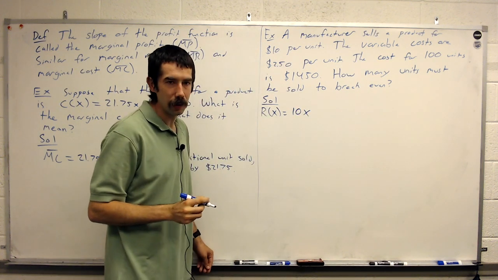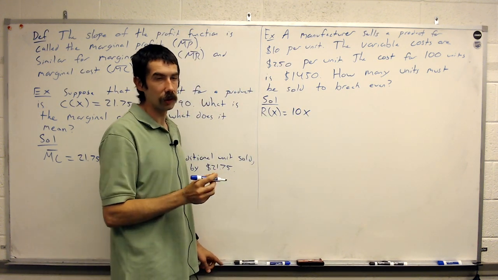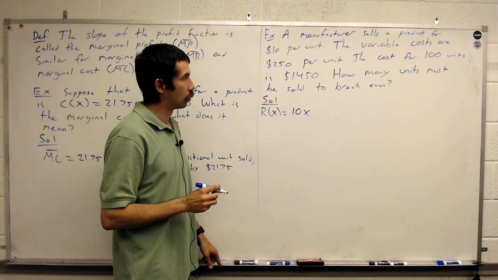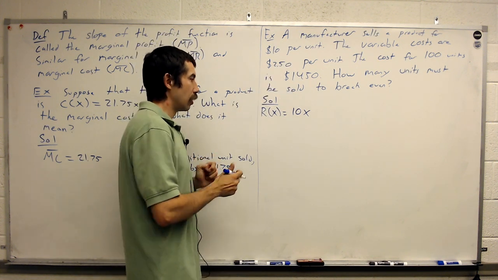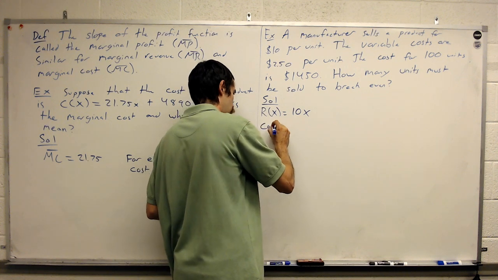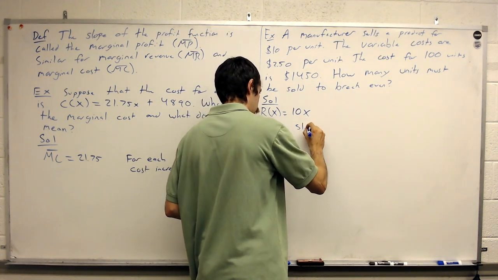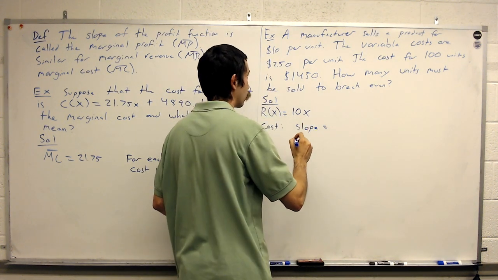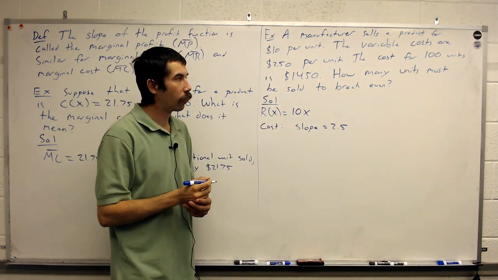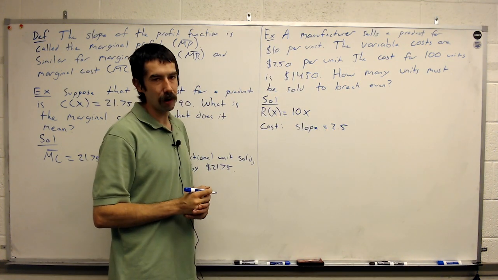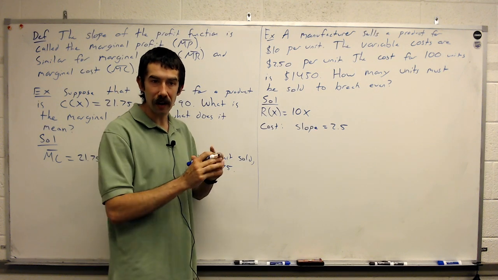Right? Our revenue is 10 times the number of units sold. The variable costs are $2.50 per unit. That's our slope. And the cost for 100 units is $1,450. That's a point on our cost function.